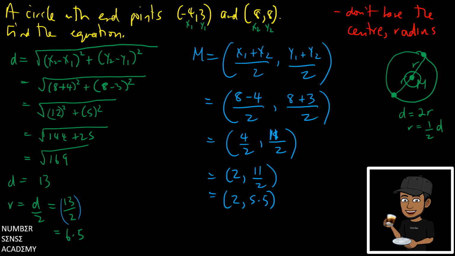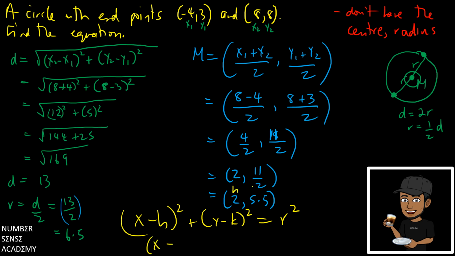So my equation is going to be in x minus h squared plus y minus k squared equals r squared format. So h we know is this, and k is this.